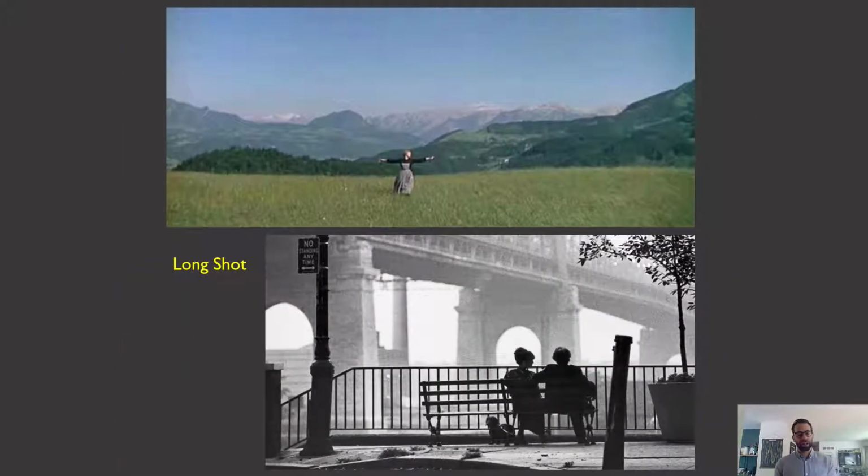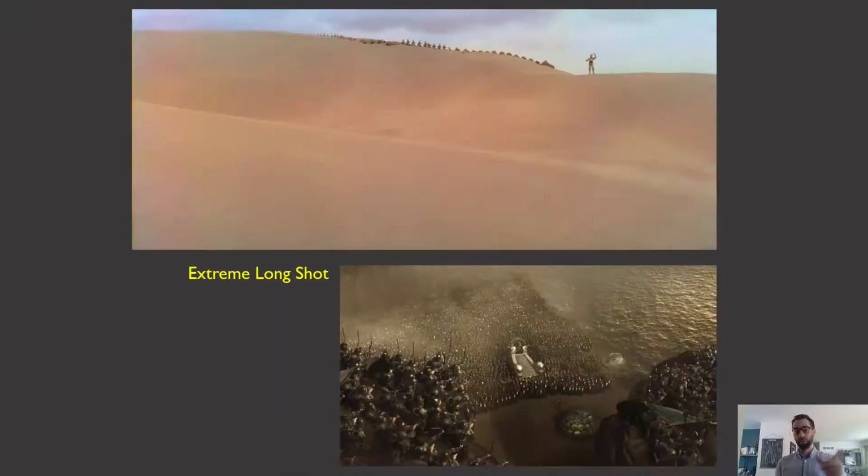A long shot is when your human figure is more or less dwarfed by their environment, but not as dwarfed as in an extreme long shot, in which a human figure becomes something close to an ant on screen. Now, as you can tell, these are loose terms. There is no hard and fast distinction based on scientific measurements.